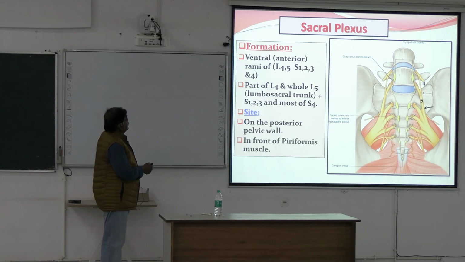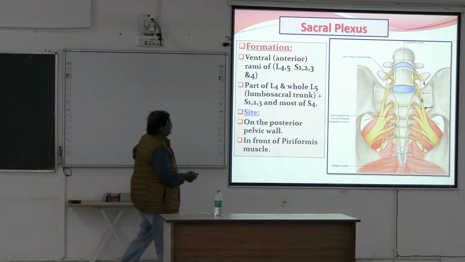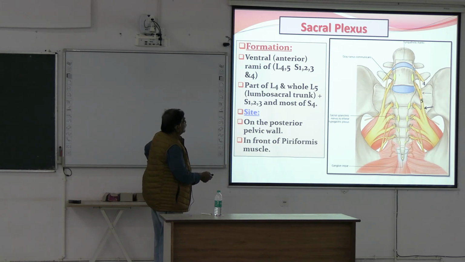Now formation: the ventral rami of L4, 5, S1, S2, S3 and 4. The ventral rami of lumbar 4, 5 and S1, S2, S3 and 4. Part of L4 and the whole of L5 form the lumbosacral trunk. This is 4, this is 5.